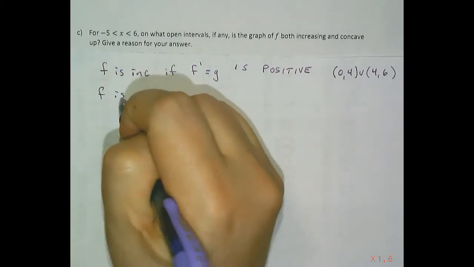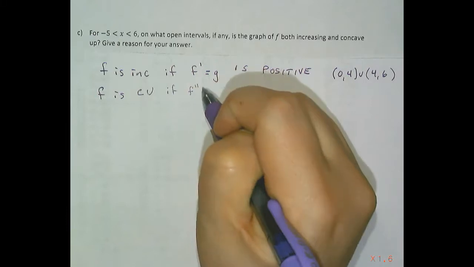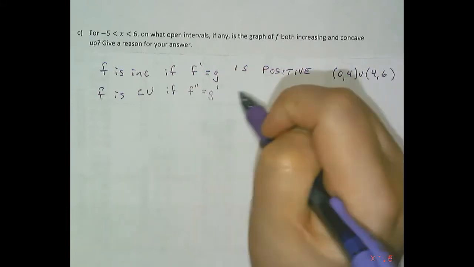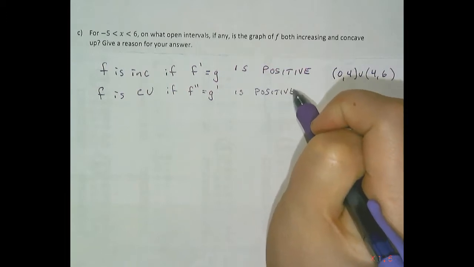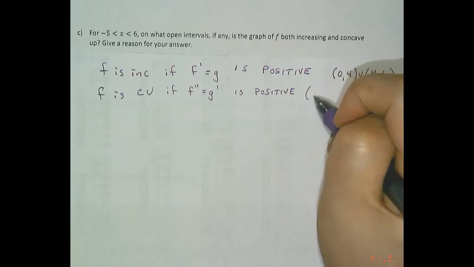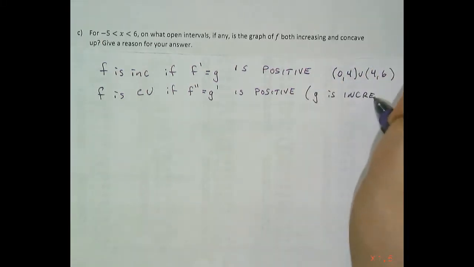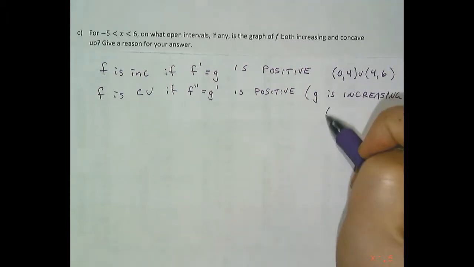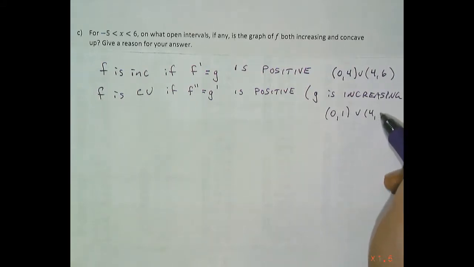F is concave up if f prime prime, which would be g prime, is positive. But we don't have the graph of g prime, so a better justification rather than saying g prime is positive would be g is increasing. And this occurs on the interval 0 to 1 in union with 4 to 6.